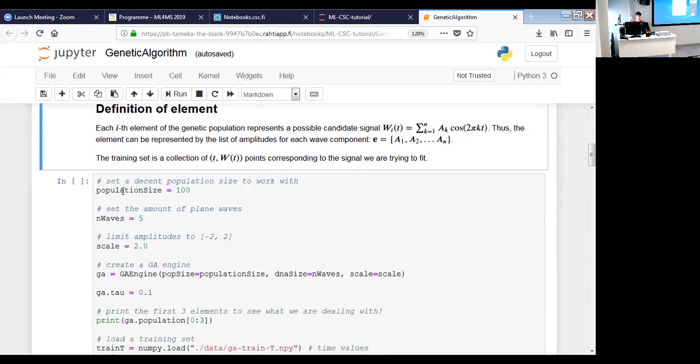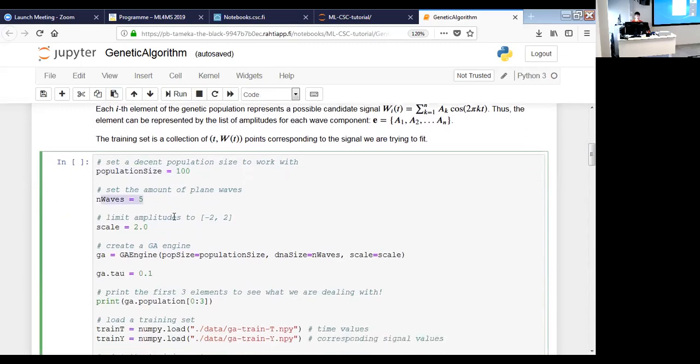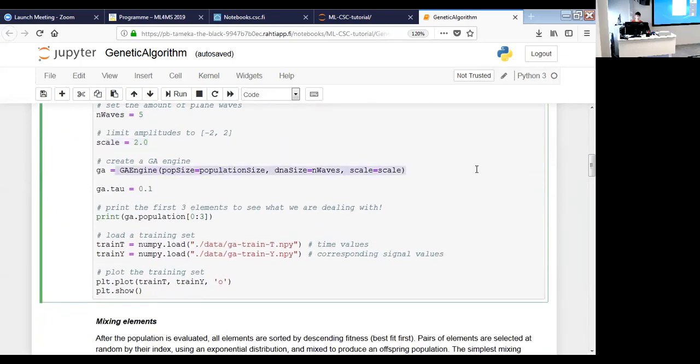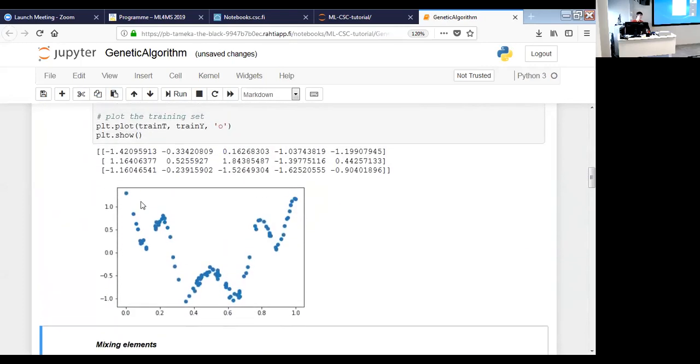The population size is going to be 100, so we are going to have 100 models, each with 5 parameters. The parameters can be between -2 and 2, just because. We create an engine, which is a Python library I quickly wrote. You find it in the folder there. This tau, we'll come to that later. Then we load the data. This is the signal we are trying to fit.